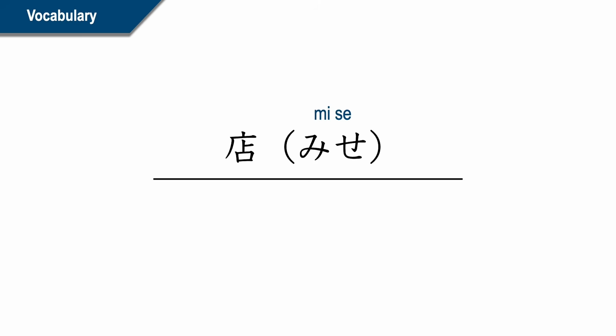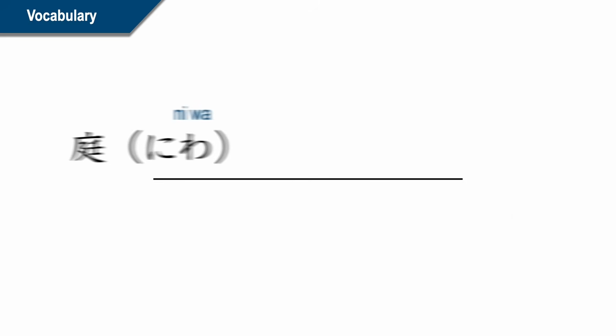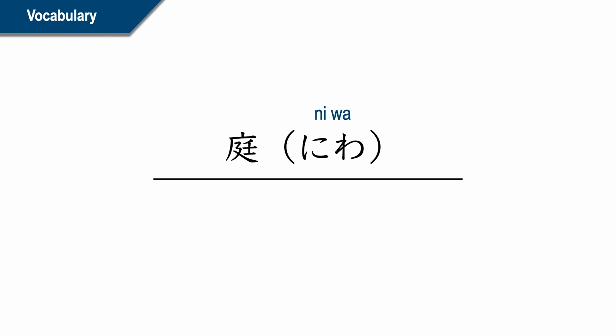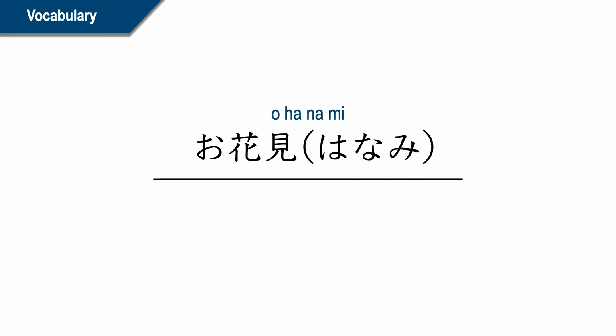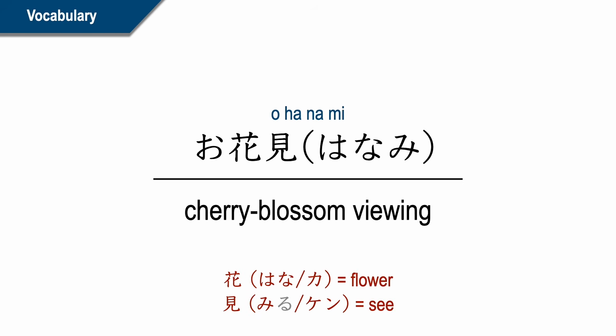店, shop or store. 庭, garden. 宿題, homework. テニス, tennis. サッカー, soccer. お花見, cherry blossom viewing picnic.